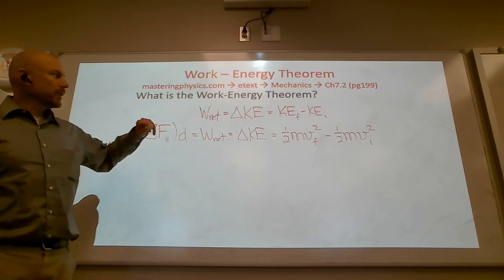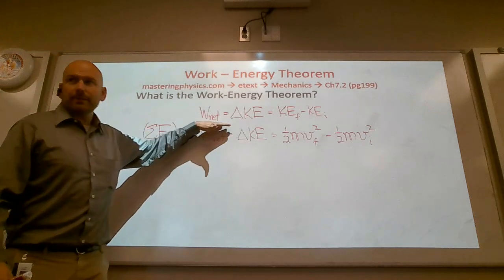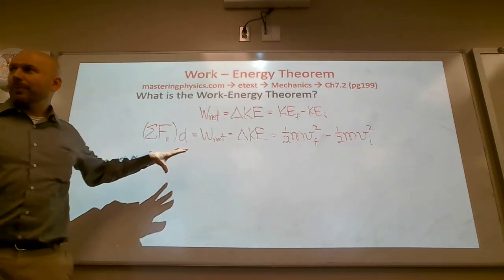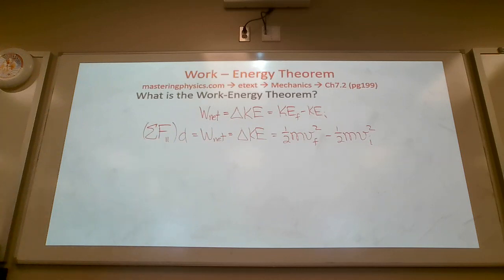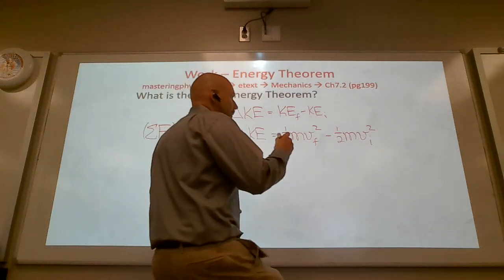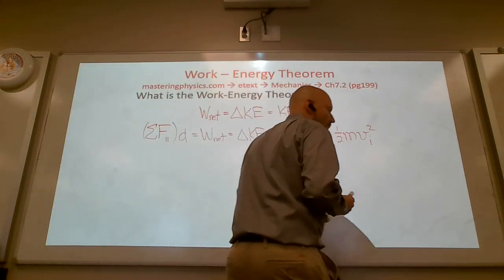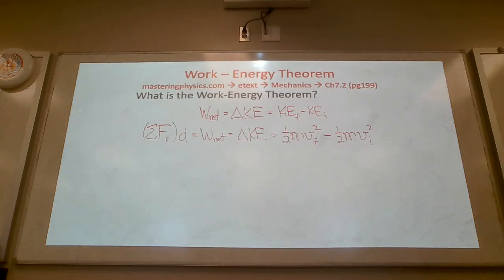In textbooks, you'll see the work energy theorem just written like this, but this incorporates a fuller picture. Before we get overwhelmed with the long train of equations here, let's look at this conceptually.